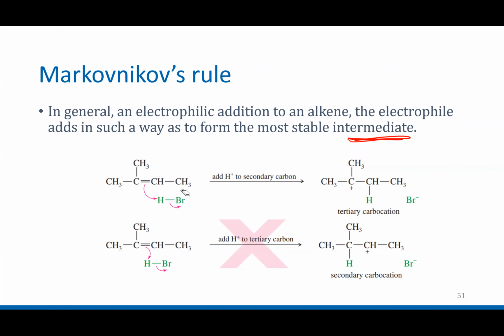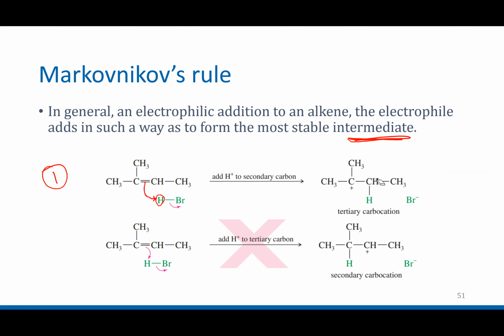So what happens is this double bond can break. I'm looking at the first one. The double bond breaks and the electrons grab on to this hydrogen. Now the question is, where does the hydrogen go? On the left carbon or on the right carbon? In the top one, example number 1, the hydrogen goes here.